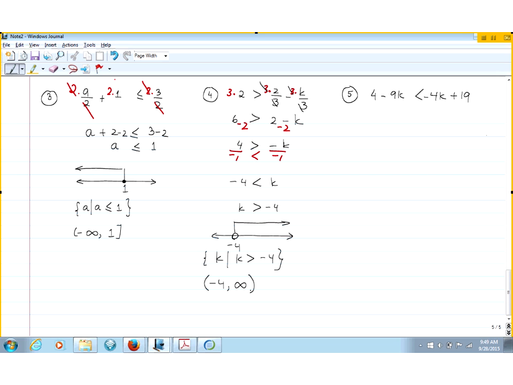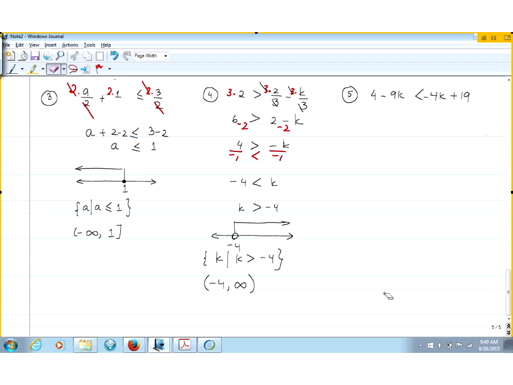K such that? Usually we write it so that the k is on the left. So usually we want to write it like this. Even though it means the exact same thing, in set builder we usually write k such that k, instead of negative 4 is less than k.